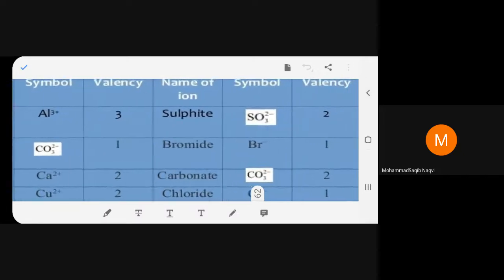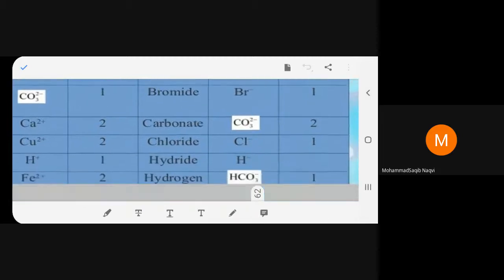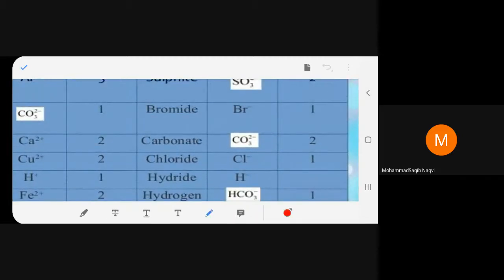Now we can take sulfite. Sulfite is 2 minus. Can you see this 2 minus? So it is 2. Bromide, 1 minus. 1. Carbonate, 2 minus. It is 2. Chloride, Cl minus 1. Hydride, H minus 1.